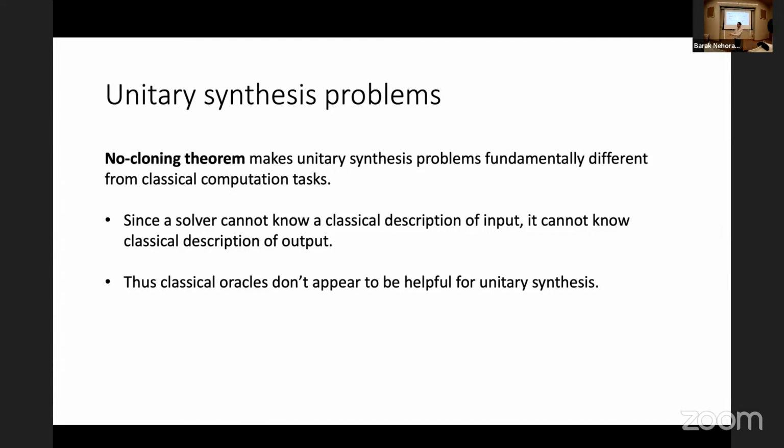It just gets a bunch of quantum particles. So for that reason, it gives you a sense that classical oracles don't help you solve unitary synthesis problems. This is another piece of evidence that suggests that you need some new framework to think about how hard these things are.